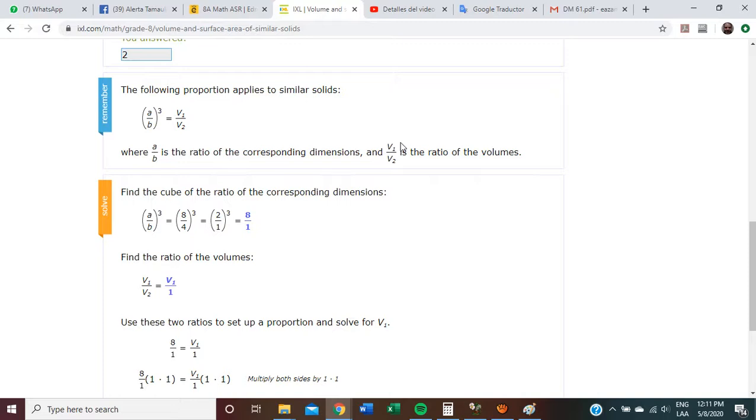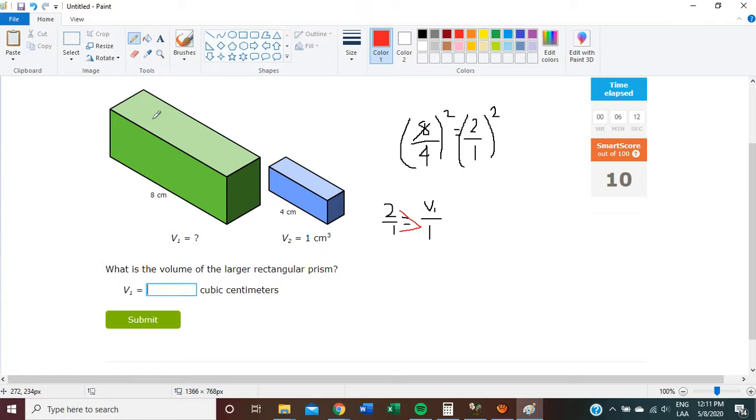So to do this, it is very simple. Let me explain it in here. So instead of elevating it to the power of 2, you're going to elevate it to the power of 3.